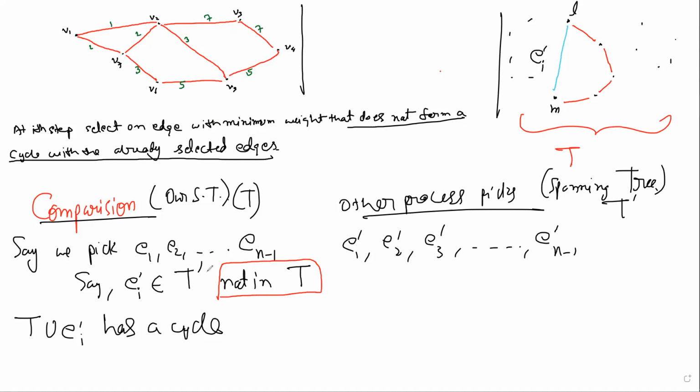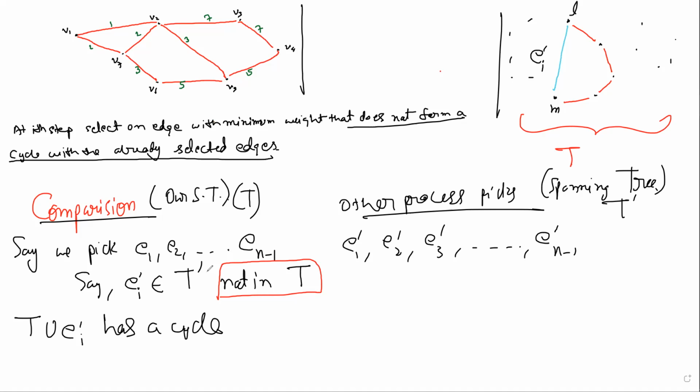Those which are in T and T prime both, we don't need to worry about them. They make our comparison easier. But the problem is, it's not so simple, right?